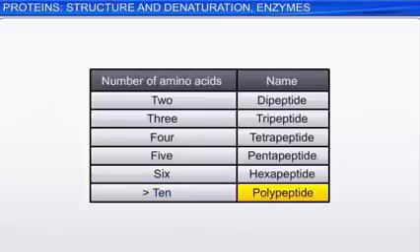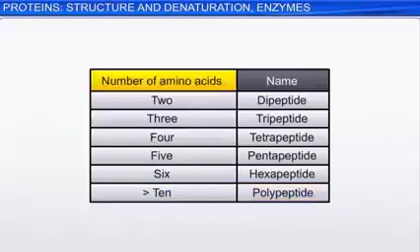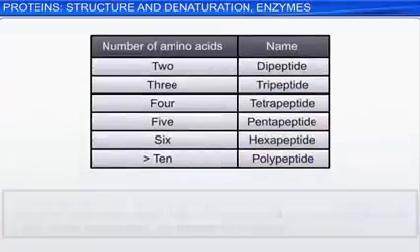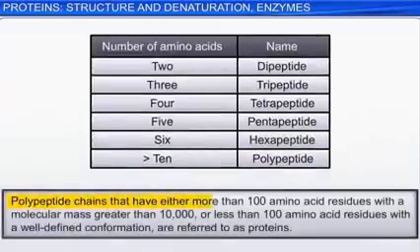Thus, depending upon the number of amino acid residues present per molecule, peptides are classified into dipeptide, tripeptide, tetrapeptide, and so on up to polypeptides. Polypeptide chains that have either more than 100 amino acid residues with a molecular mass greater than 10,000 or less than 100 amino acid residues with a well-defined conformation are referred to as proteins.